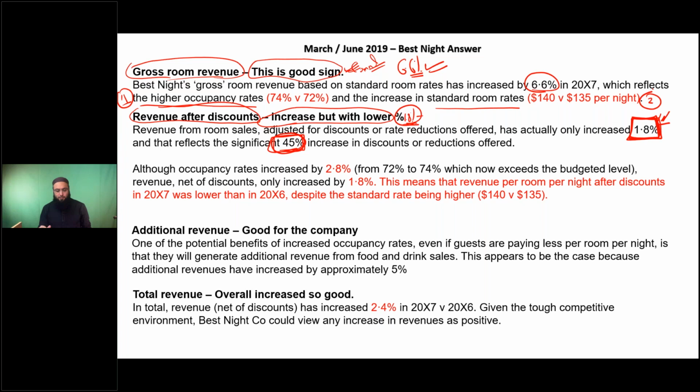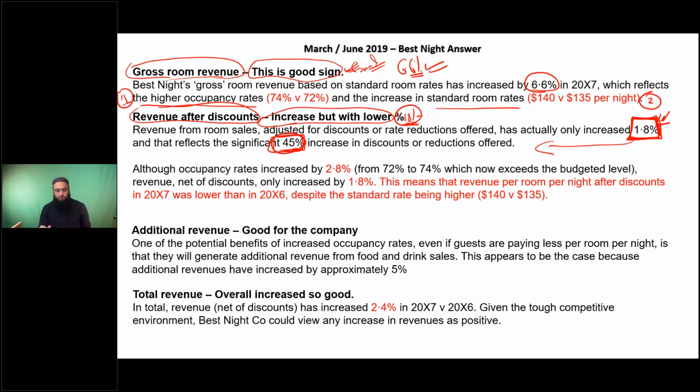But if I focus on net revenue, which means I have given discounts and that revenue is after discount, listen, the net revenue increases just by 1.8%. Now, the reason is discount, obviously. But still I managed to increase the revenue.